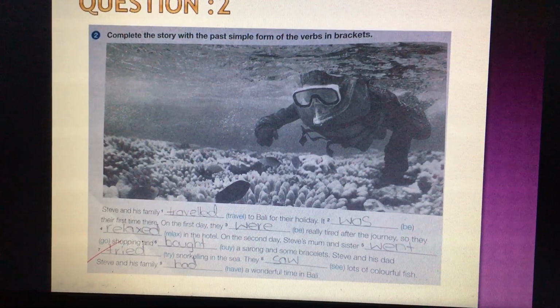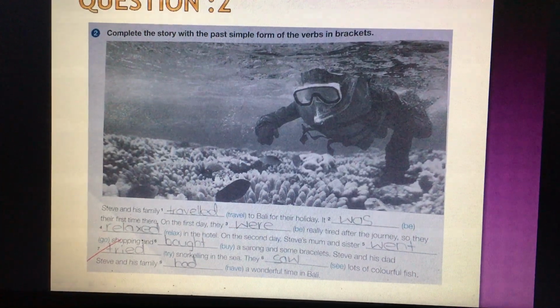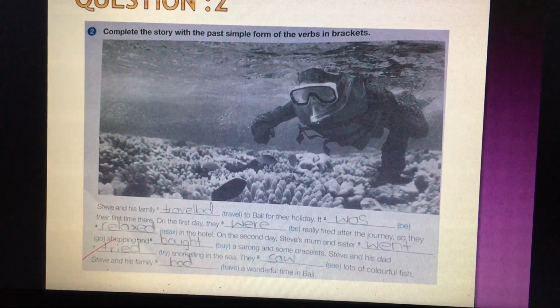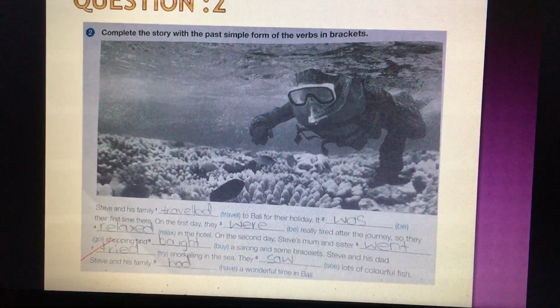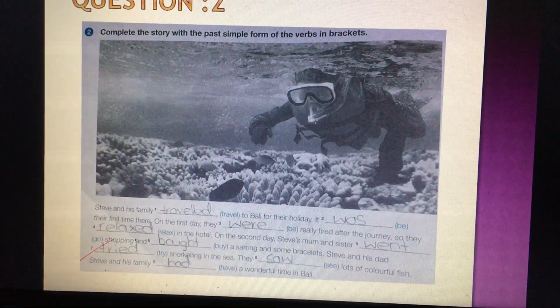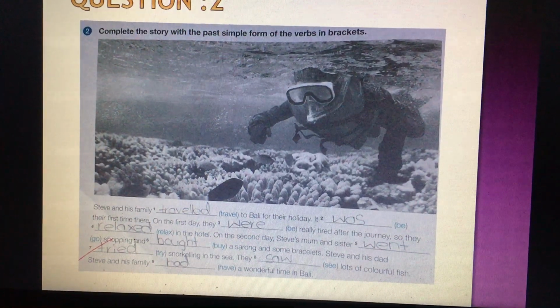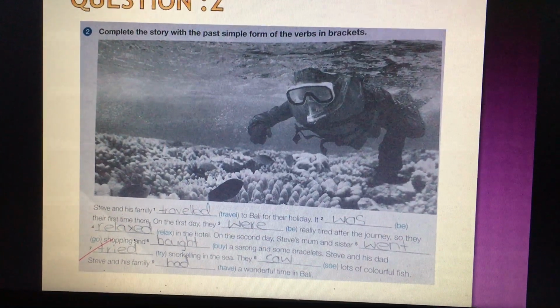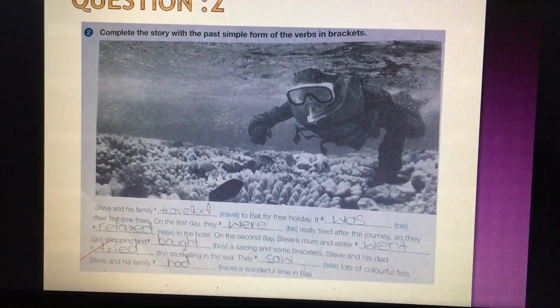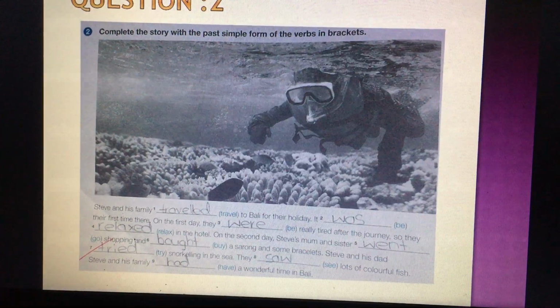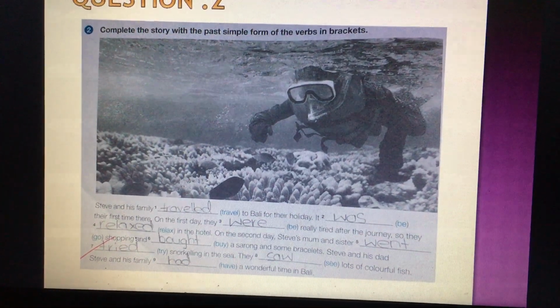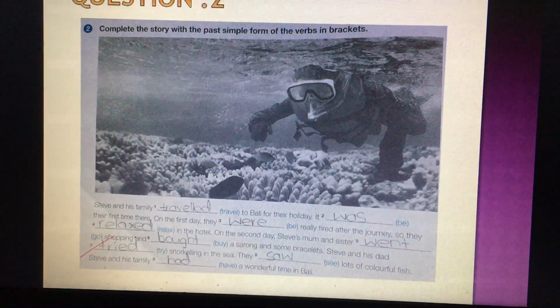On the second day, Steve's mom and sisters went or go, and buy or bought. Steve and his dad tried or try. They saw or see. Last one is Steve and his family had or have.